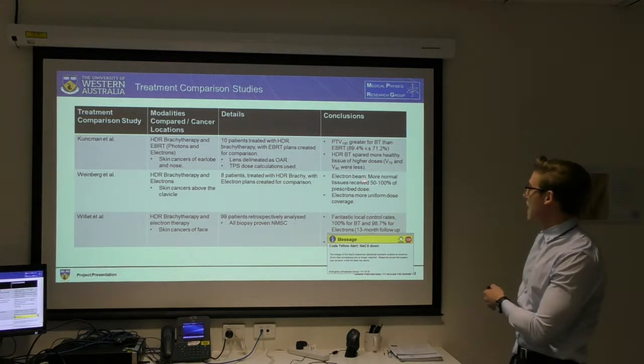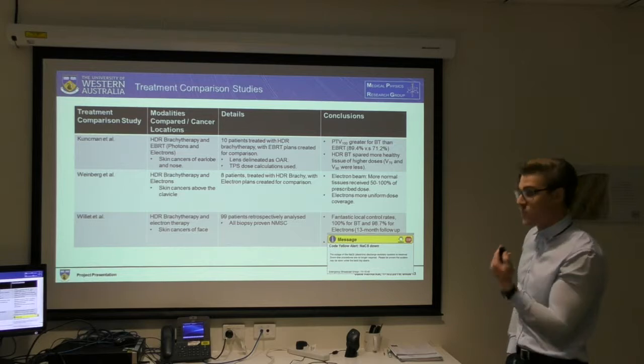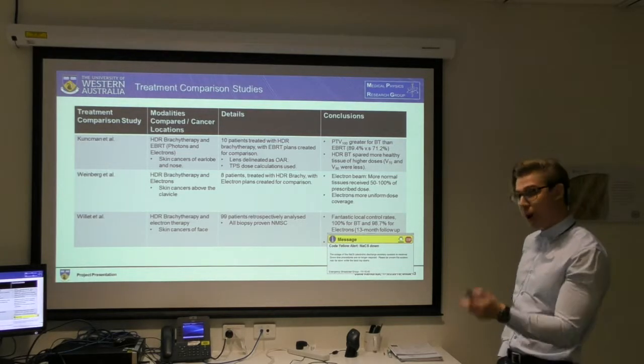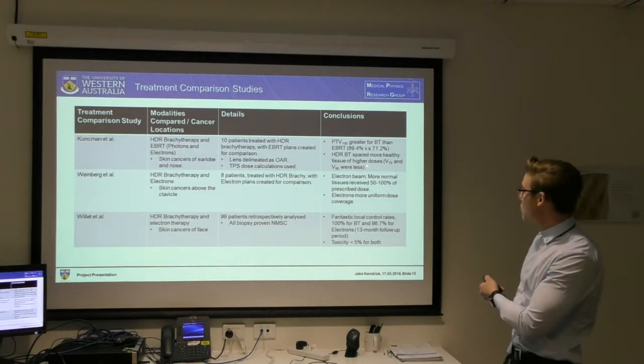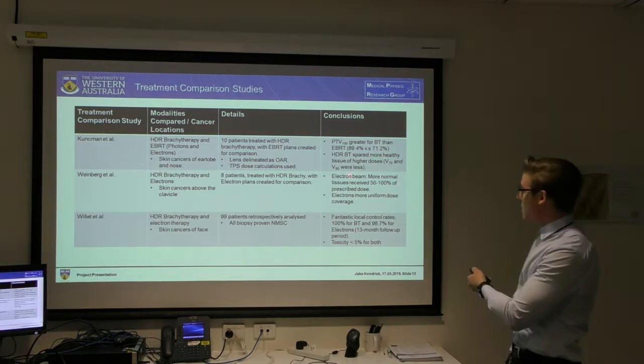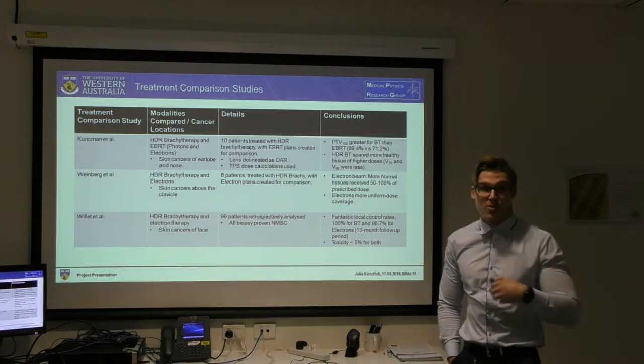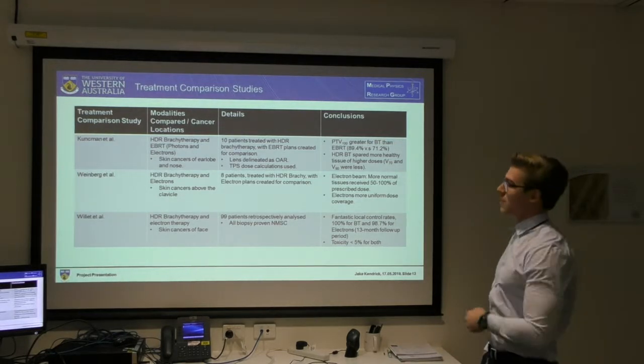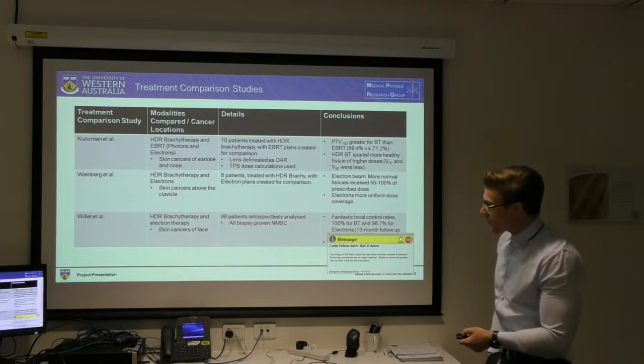Additionally, they found that high dose rate brachytherapy spared more healthy tissue from higher doses. The volumes of normal tissue receiving 70% and 90% of the prescribed dose were less for brachytherapy than for electrons.